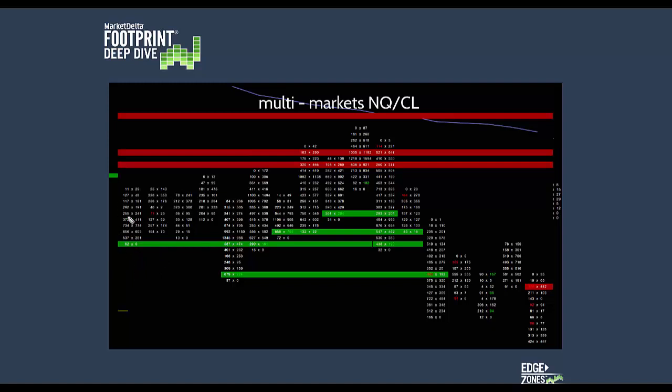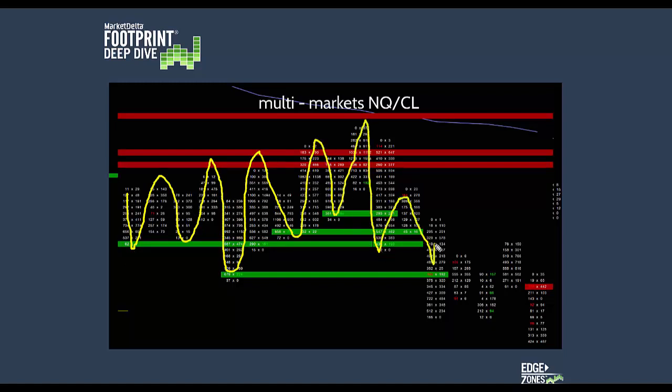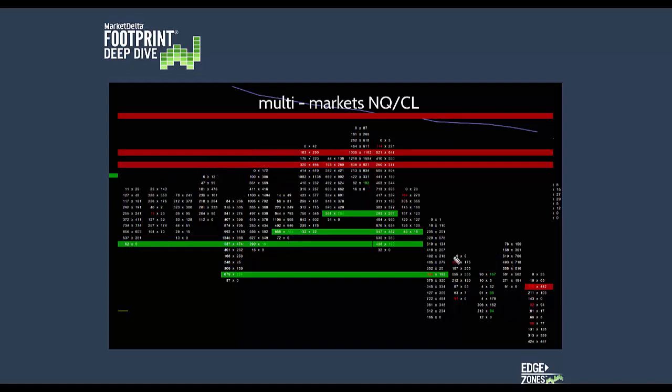So if the market came down in here, rallied, came down, rallied, that's the rotation. And when it finally gets through a lot of this support, let me clear this up, it comes back up and uses it as resistance a couple times. You've got all this red.